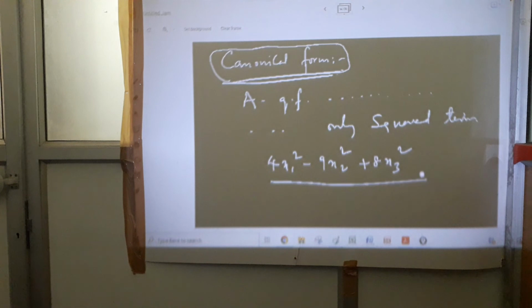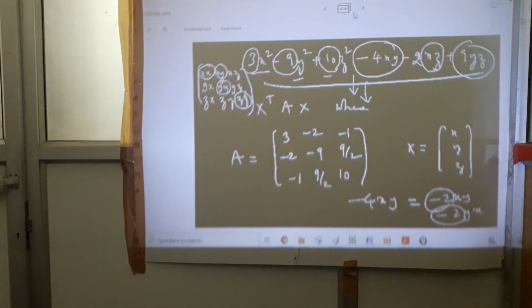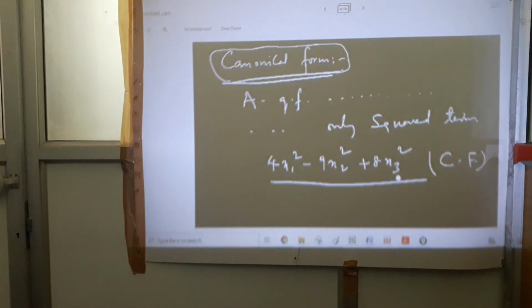Then it does not have any product terms. This is in canonical form. Actually there are several ways to convert a quadratic form into canonical form. One way is using only row operations and column operations, and another way is using eigenvalues and eigenvectors.